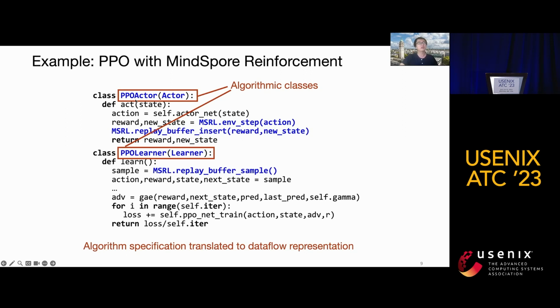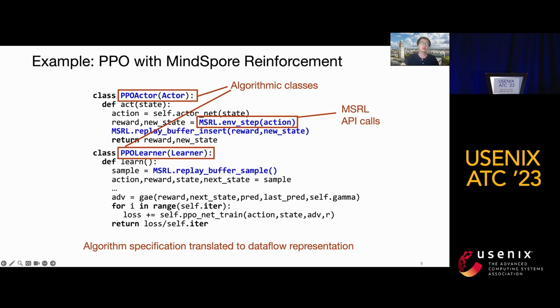For example, these PPO actors inherit the actor class provided by MSRL. And in addition, MSRL also provides some API calls, such as environment simulation or replay buffer insertion and sampling.